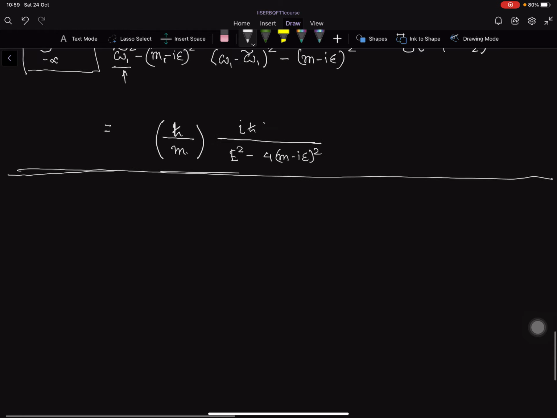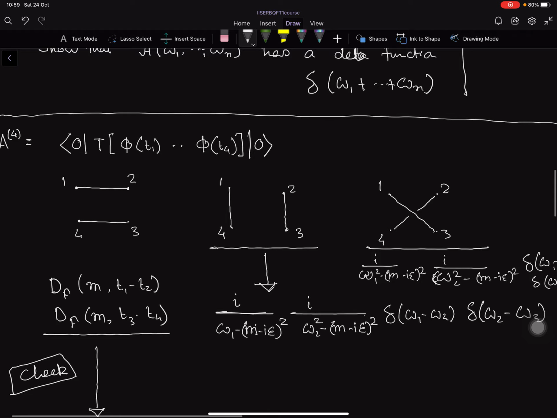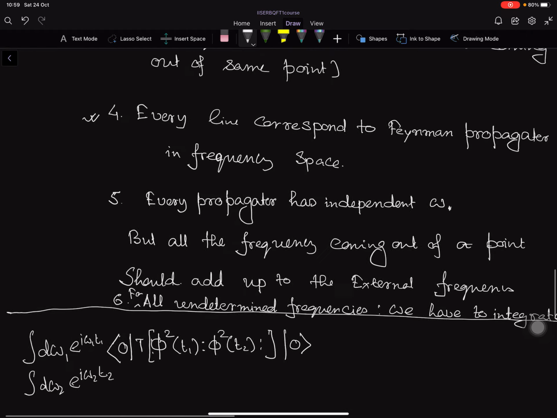Let's review the computation for this 4-point function again, but now we will do it in frequency space. So let's review this frequency space computation again.